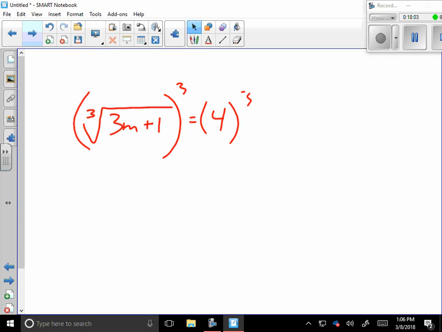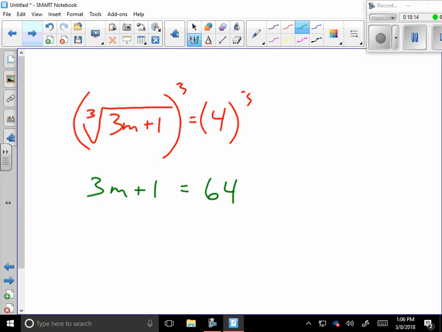That will cancel the cube root and leave me with just the 3m plus 1. 4 to the third is 64 maybe. And then I start to solve for m. Subtract 1 from both sides. 3m equals 63. Divide both sides by 3. M is 21.